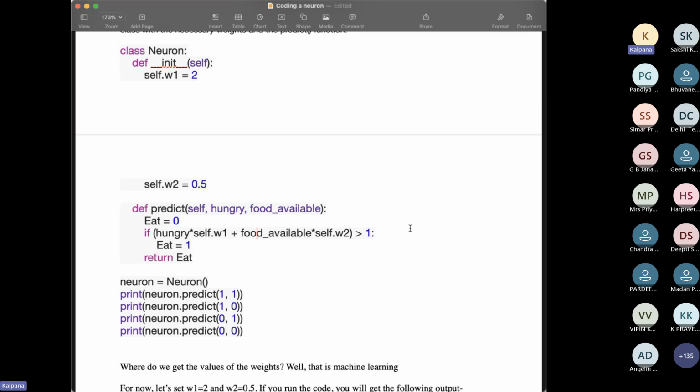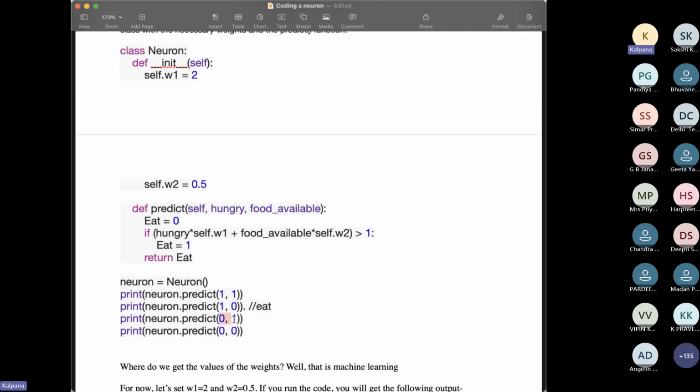So the answer is correct. For the next input, 1 and 0, what do you think will happen? So 2 will be multiplied by 1 and 0.5 will be multiplied by 0. So 2 plus 0 will still be greater than 1. So for this input also, currently the neuron will say eat.